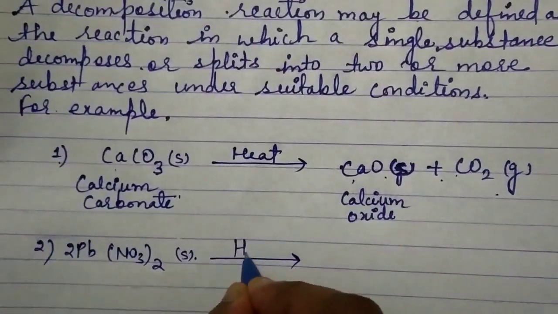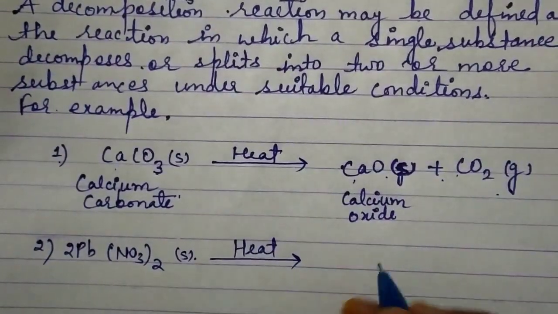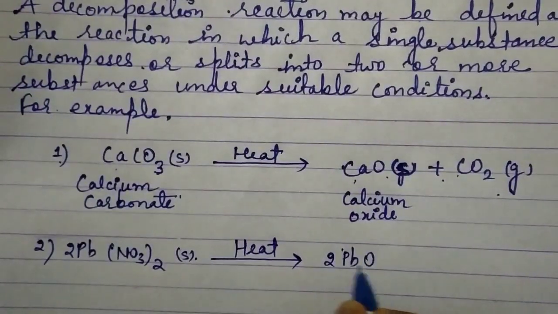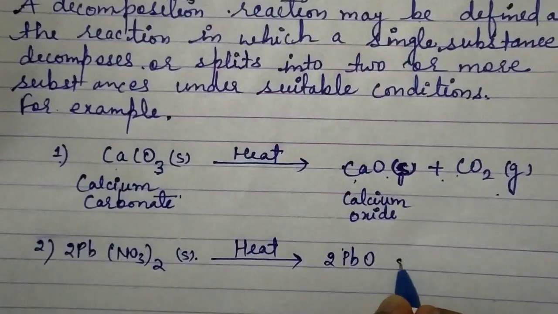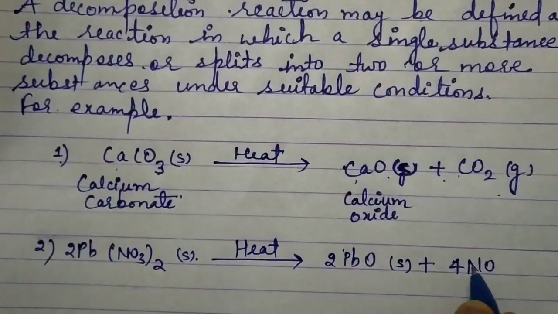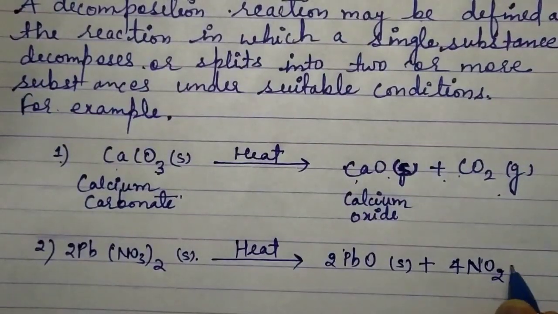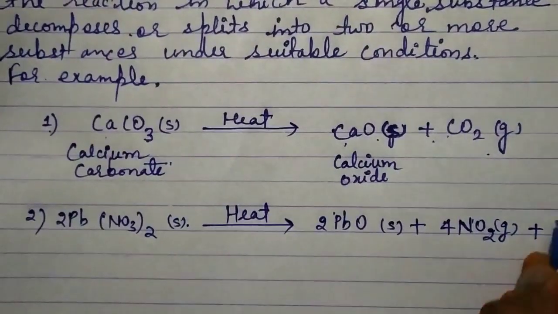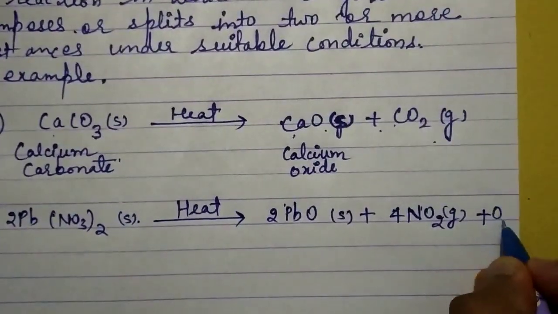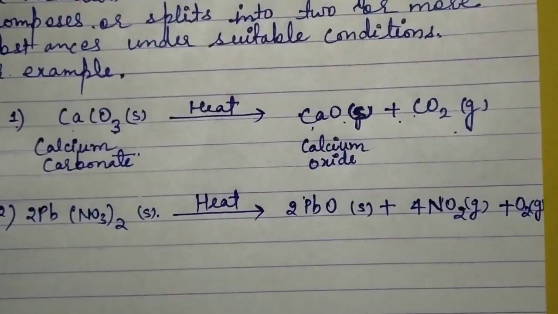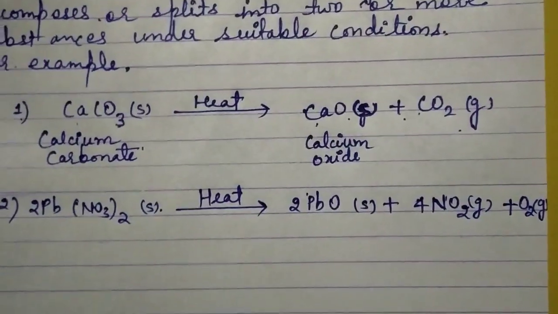In presence of heat, it splits into 2 PbO, lead oxide, which is a solid, plus 4 molecules of nitrogen dioxide, which is a gas, plus O2, which is a gas. So both these examples are very important for decomposition reaction.